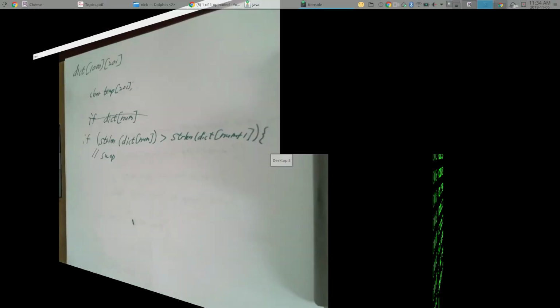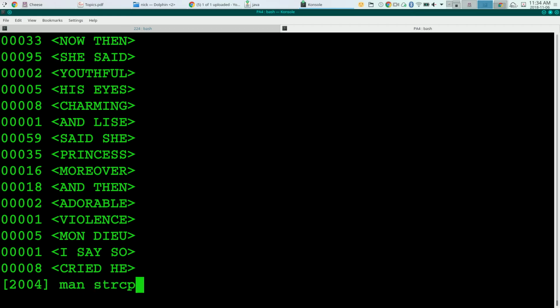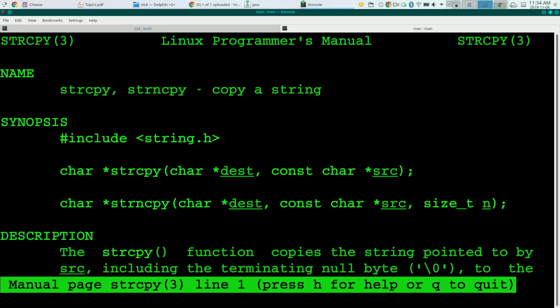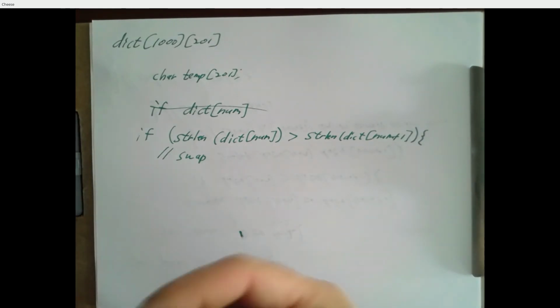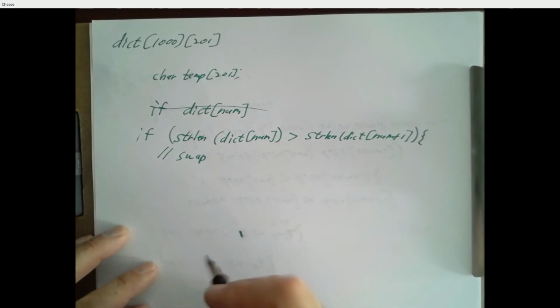And how do you do that in C? Yeah, strcpy. It's a built-in function. You can prototype it in string.h, and it takes two strings, a destination and a source. It copies character by character, including the null terminator, from the source to the destination. So that's what you want to use. If you use equals to assign, you're going to get weird results that may look right for a while, but then they'll break eventually.